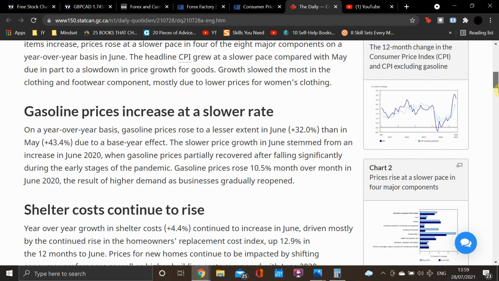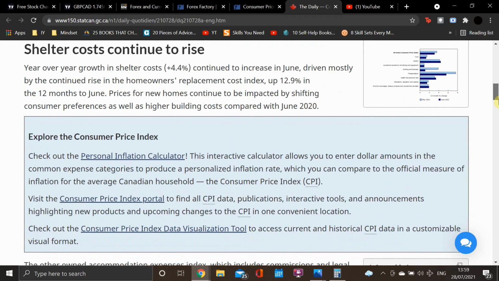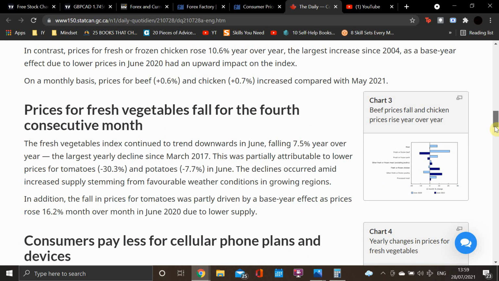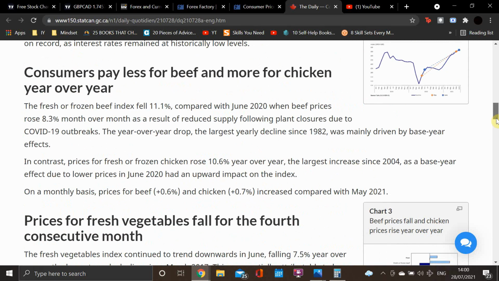Gasoline prices increase at a slow rate. Shelter costs continue to rise. Prices for fresh vegetables fall for the fourth consecutive month. Consumers pay less for beef and more for chicken year over year.